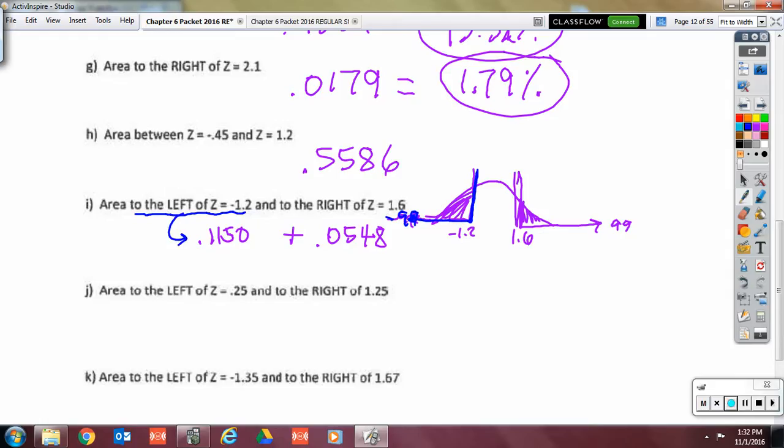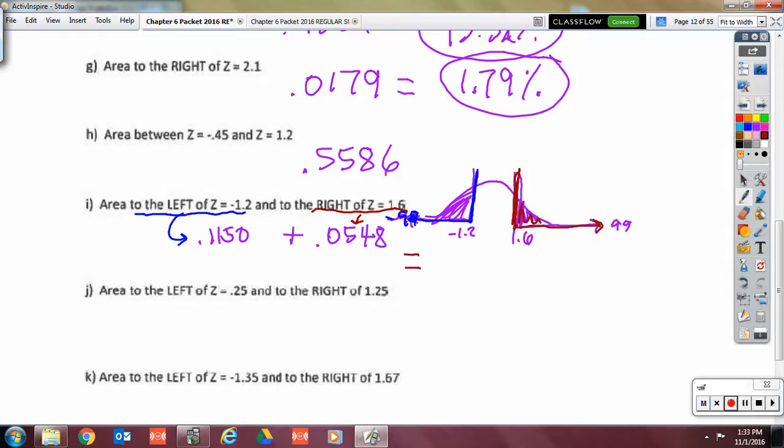Okay, so that's one section. Then, separately, I did the area to the right of 1.6. So I took norm CDF from 1.6 up to positive 99, and the area to the right of that is 0.0548. And then I'm going to add those two together.